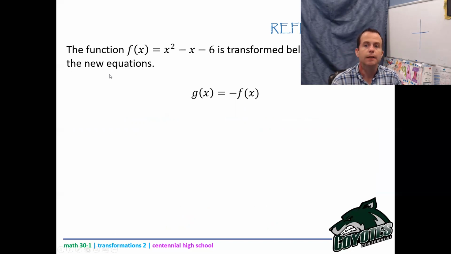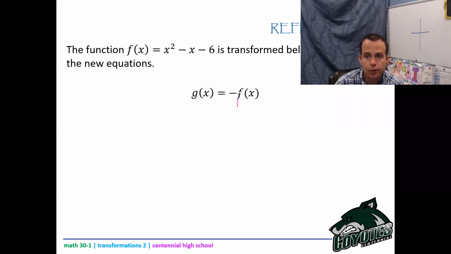All right, the function f(x) = x² - x - 6 is transformed. Determine the new equations. Now, I've given you g(x) = -f(x), so you have to come up with a new equation. Here's f(x), which is x² - x - 6.